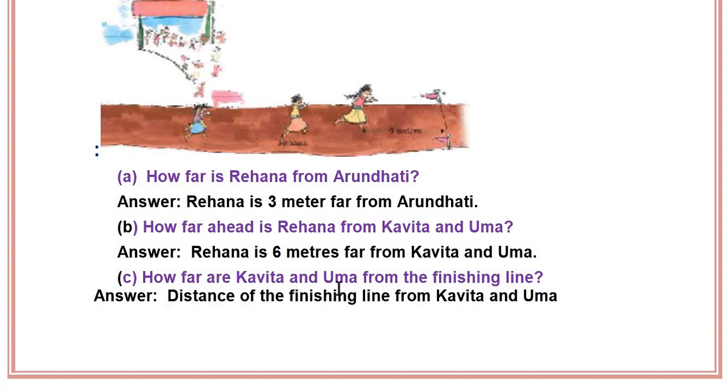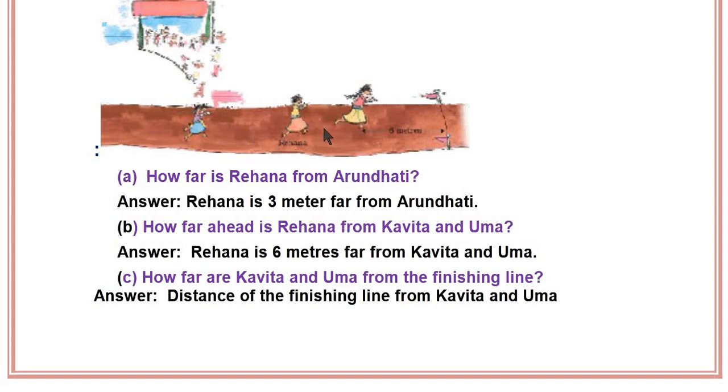How far are Kavita and Uma from the finishing line? Here is the finishing line. The distance between Arundhati and the finishing line is 3 meter. Arundhati and Rehana 3 meter. And Rehana to Kavita and Uma 6 meter.